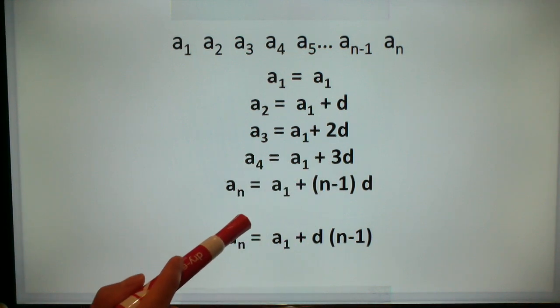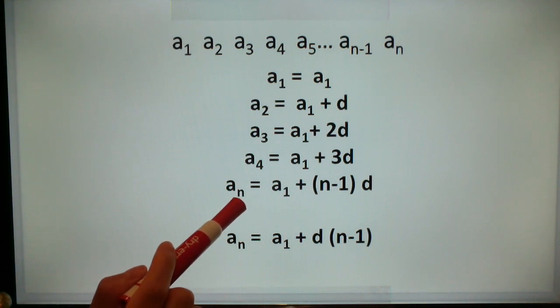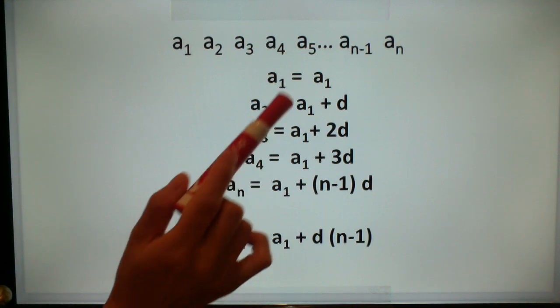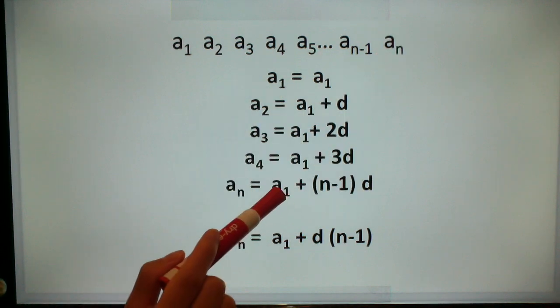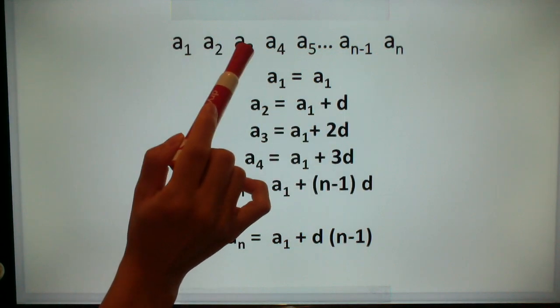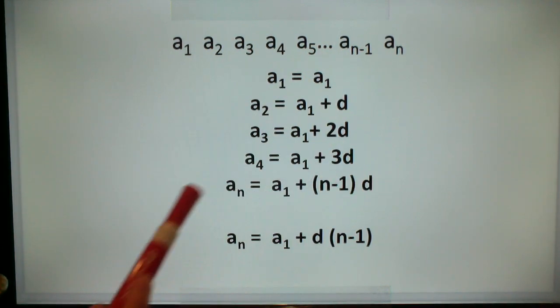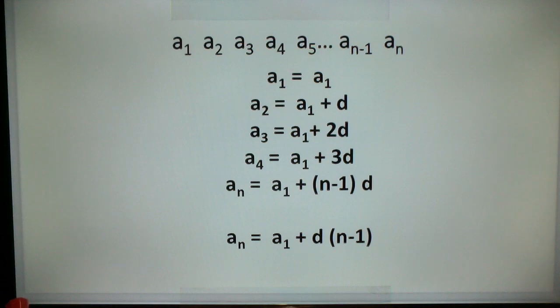So we'll generalize this: AN, at the very end, is A1 plus D, 2, 3, 4, up to n minus 1 times D. That is how much D you need to add.